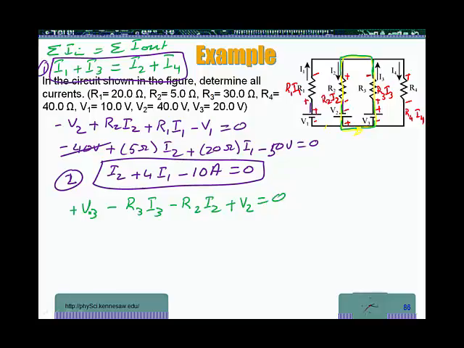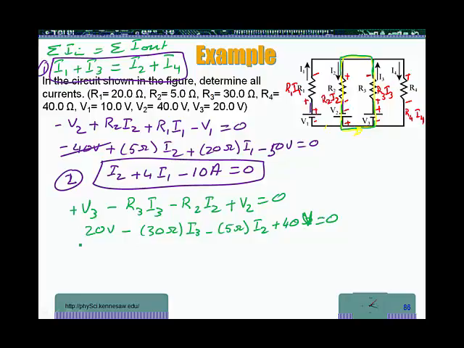I plug in the numbers here, so that's going to be V3, which is 20 volts, minus R3, that's 30 ohms, I3, and then minus R2, that's minus 5 ohms, I2, and then plus V2, which is 40 volts, equals 0.